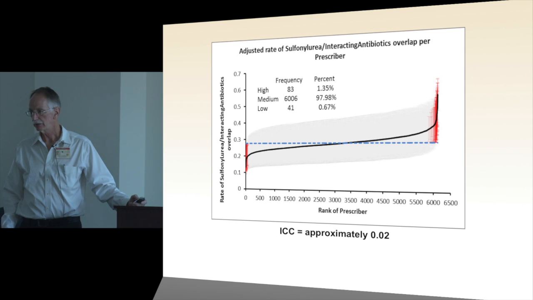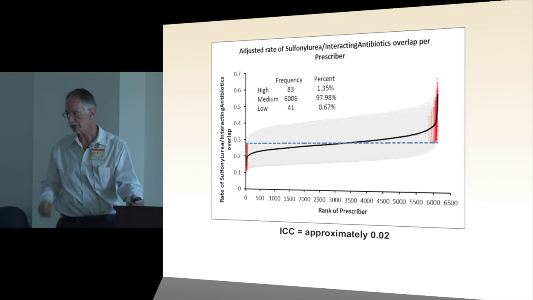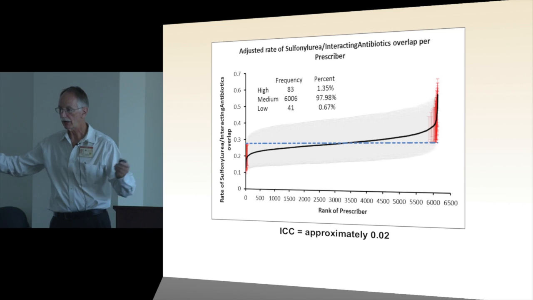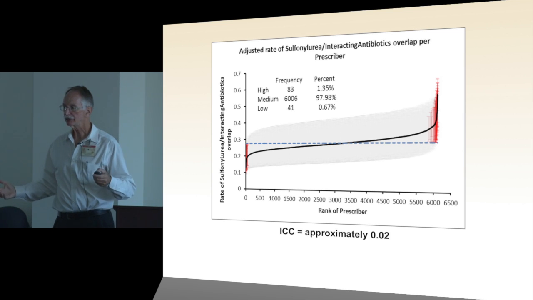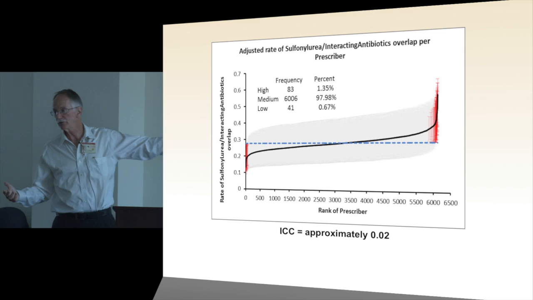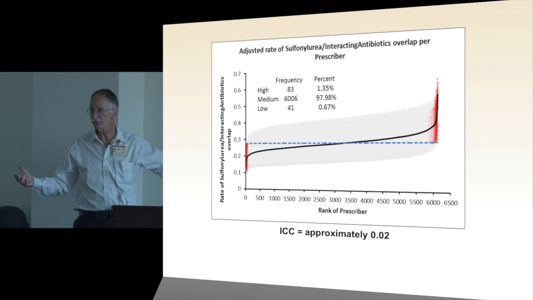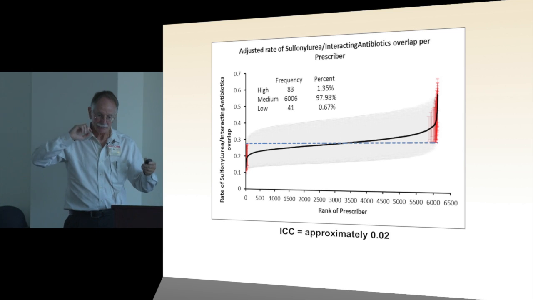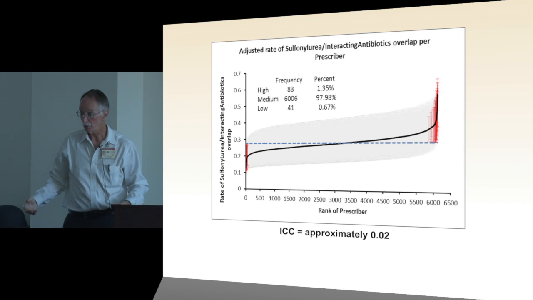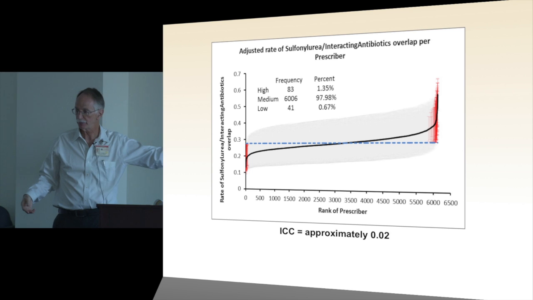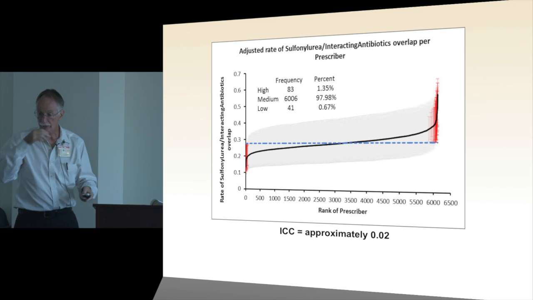Okay. So one of the underlying forces, driving any sort of variation, there wasn't any, but if there had been, driving the variation could be, does this doc just give antibiotics to everyone? And some of the time that happens to be interacting. There's a lot of different things like that.